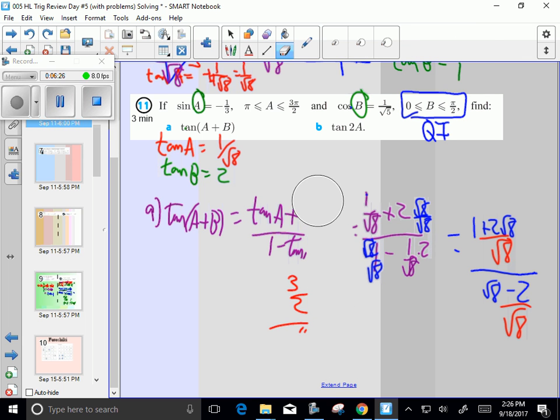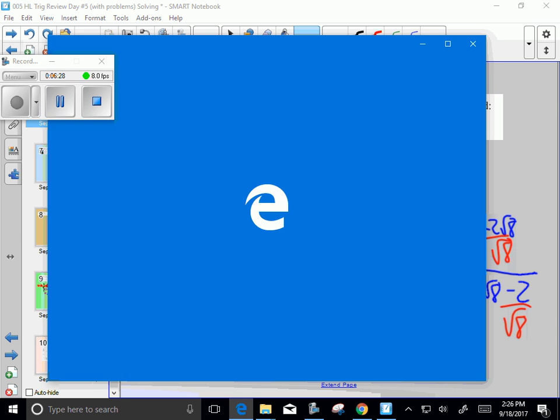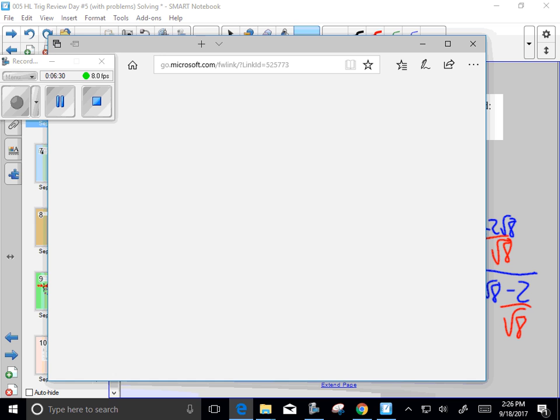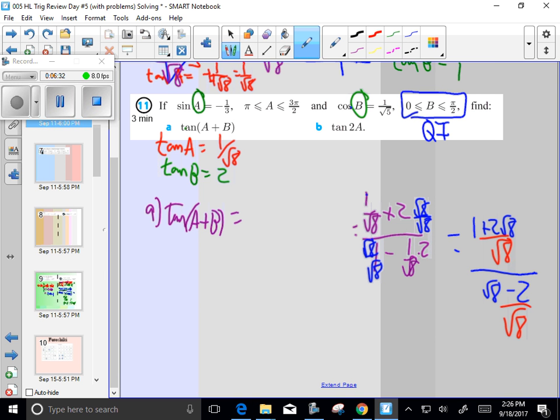That might be hard to see. Try that again. So I had 1 over square root of 8 plus 2 times the square root of 8 over square root of 8 over 1, which is square root of 8 over square root of 8, minus 2 over the square root of 8. Does that help to see it a bit?